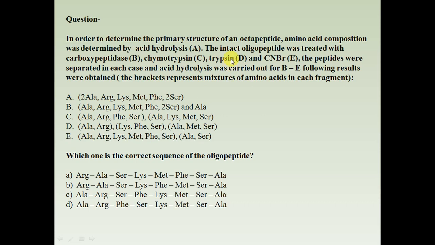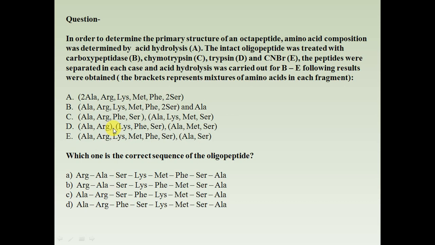Next is trypsin, which gives this composition, D. Trypsin, as you know, cleaves the C side of arginine and lysine. So you know the cleavage point is this, near the arginine, on the C side of arginine.